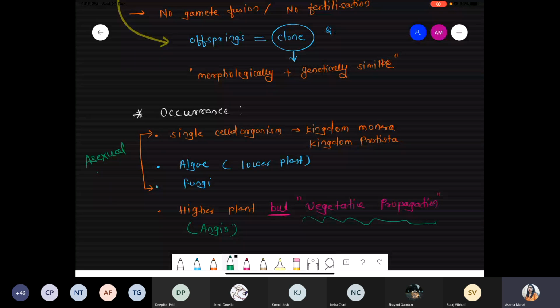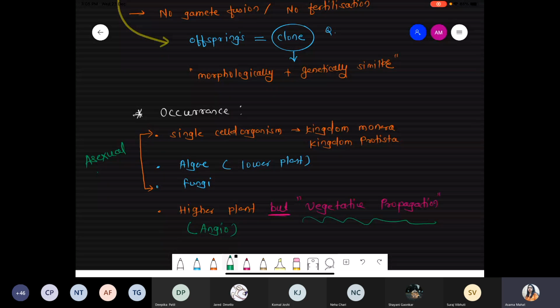Please remember this point, because asexual means a single parent involved, and even in vegetative reproduction a single parent is involved. But a different condition is present, because we will see ahead that vegetative propagation means from the leaf roots will arise and they form a complete plantlet. From the stem they can form a complete plantlet.